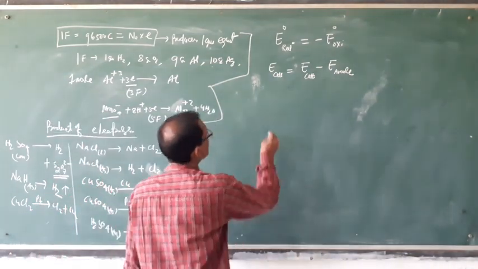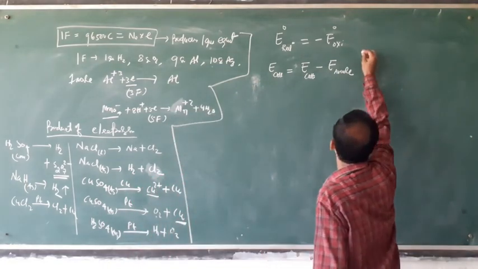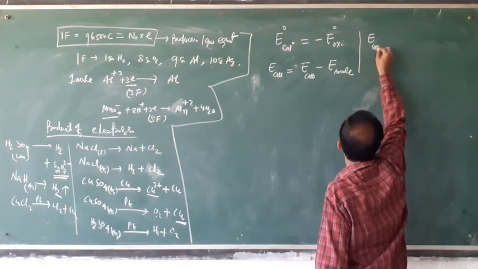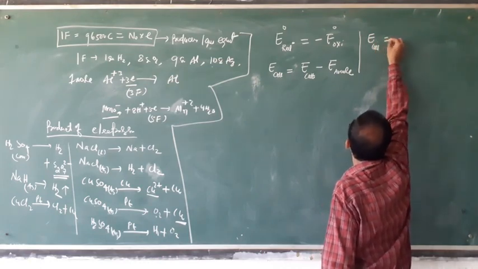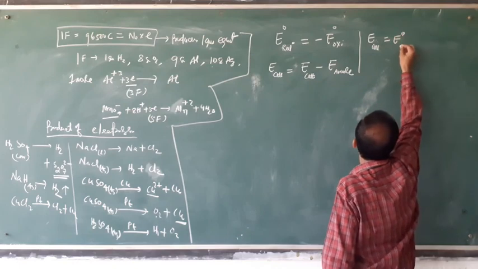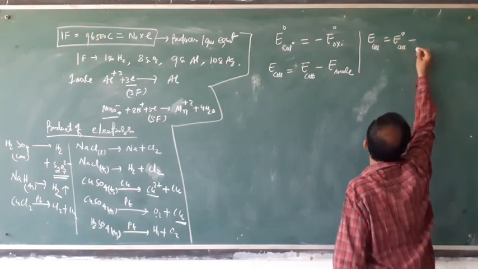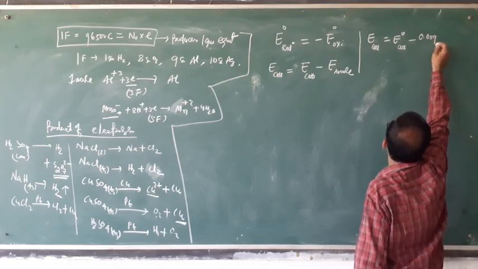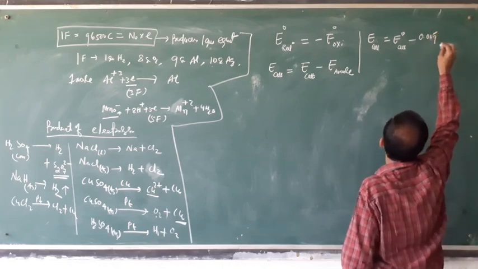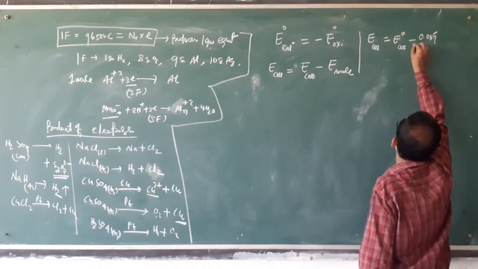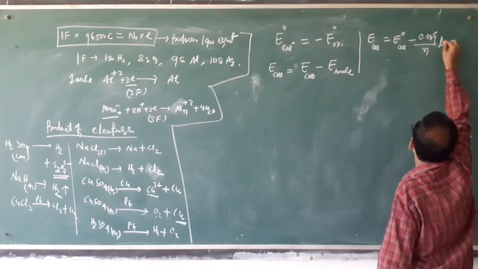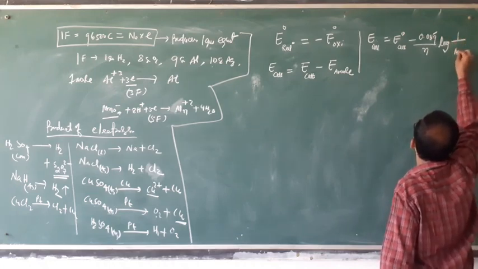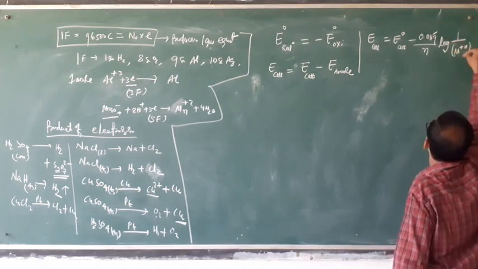Then for any half cell, E of the half cell is equal to E naught of that half cell minus 0.059 by n log 1 upon metal ion concentration.